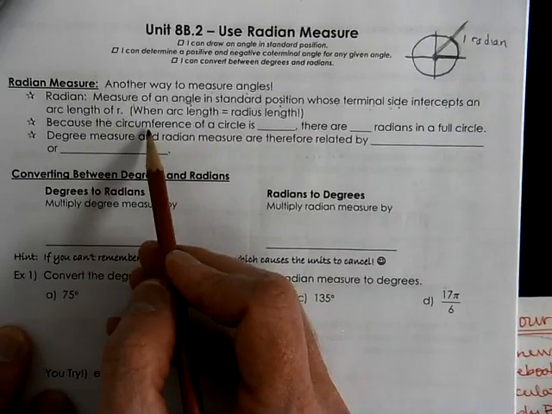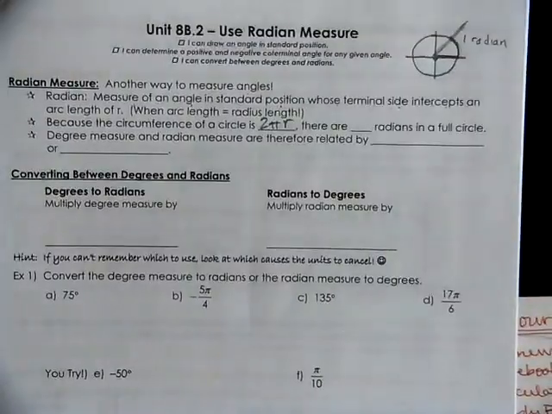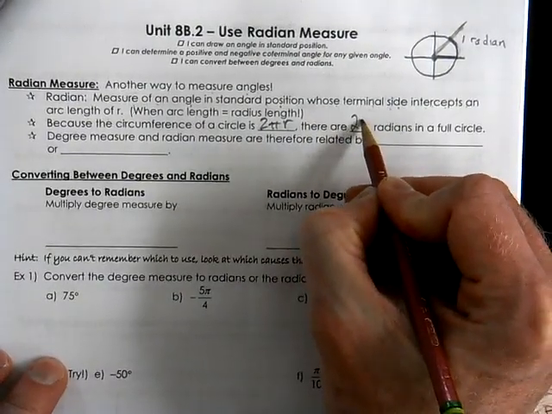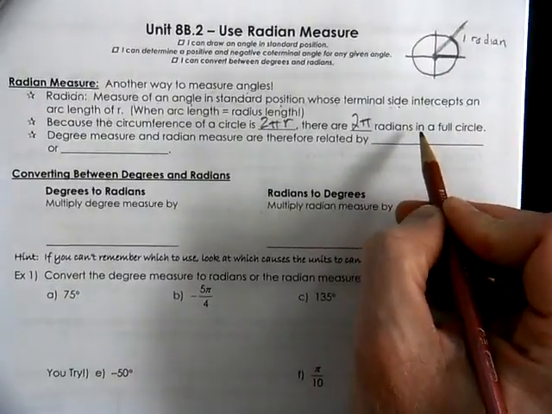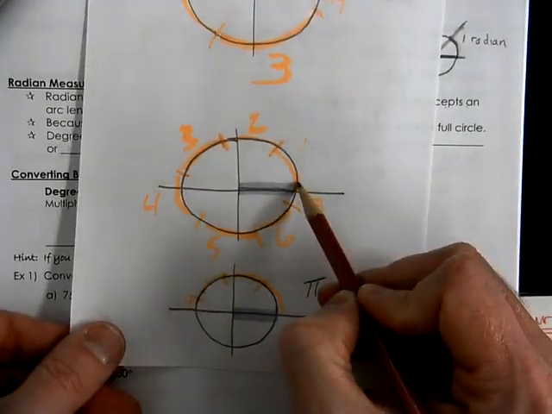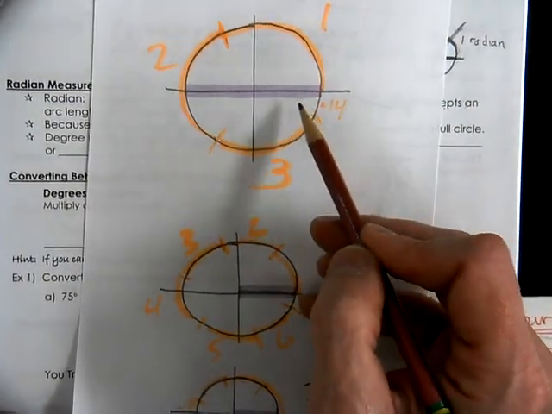So because the circumference of a circle is 2 pi r, we know that there are 2 pi radians in a full circle. That's what we did here. We calculated there was 3.14 diameters in a circle.